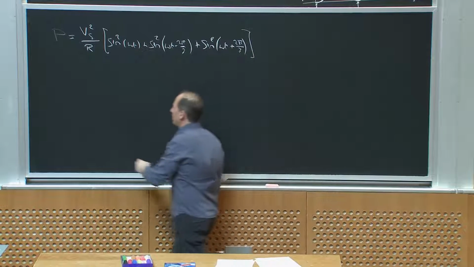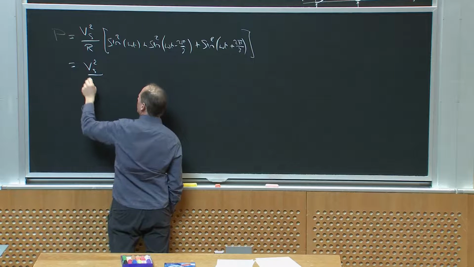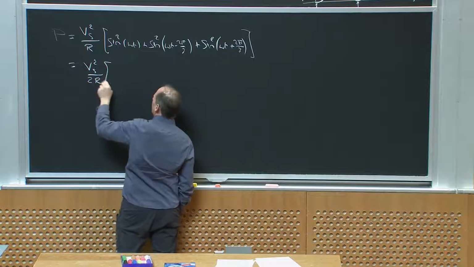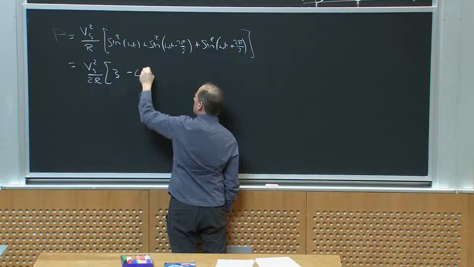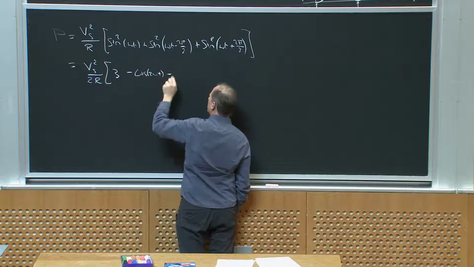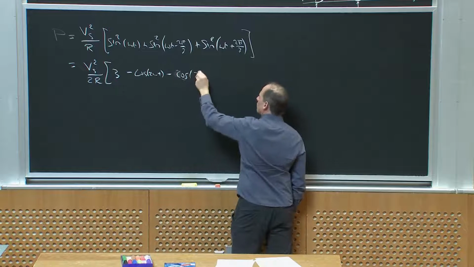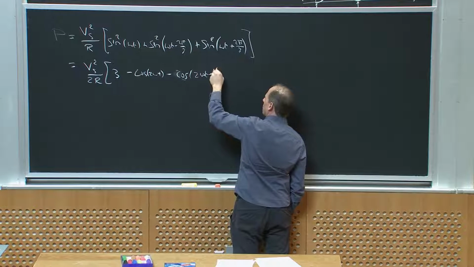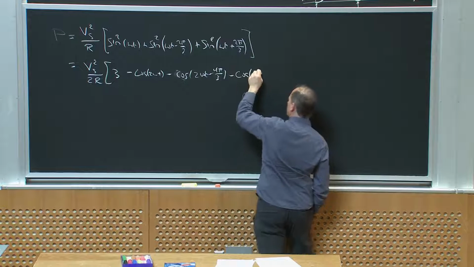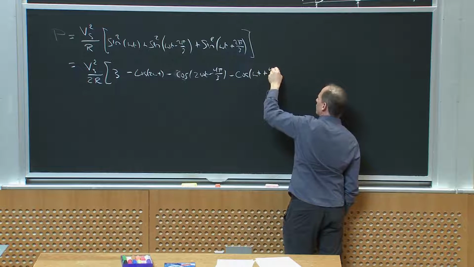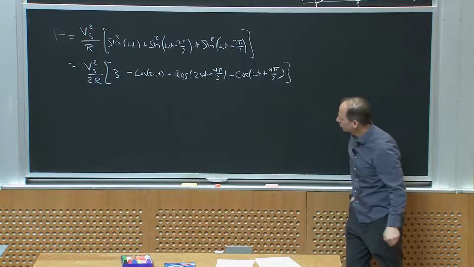I can then rewrite these again as Vs squared over 2R times 3 minus cosine of 2 omega t minus cosine of 2 omega t minus 4 pi over 3 minus cosine of 2 omega t plus 4 pi over 3. Now, why am I interested in that?